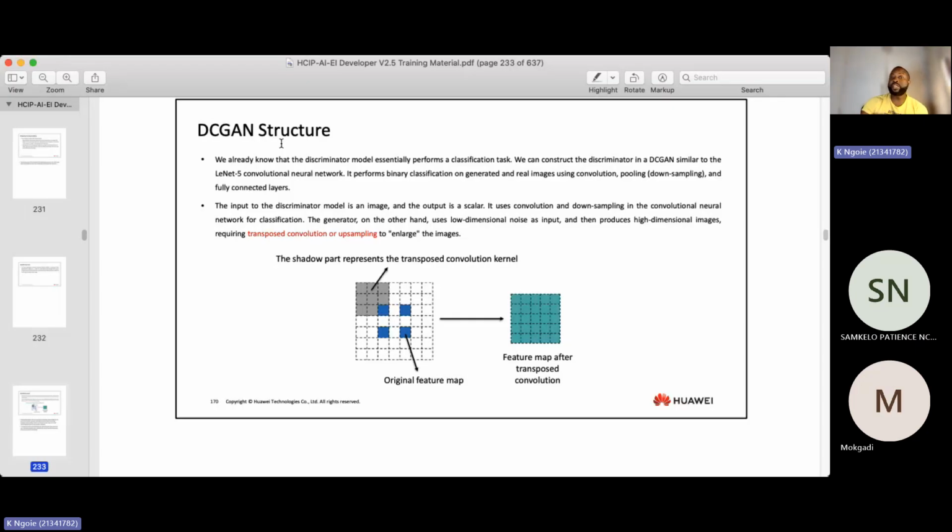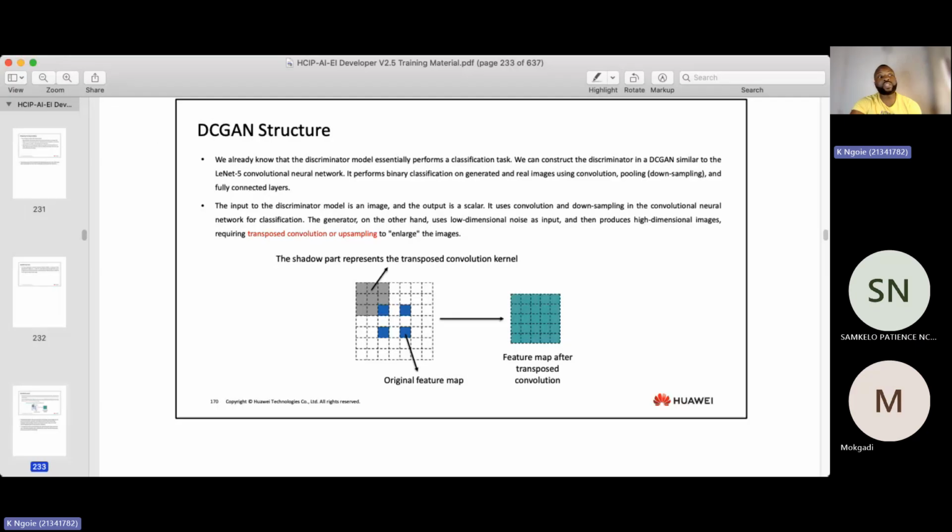The hidden layers will be transpose convolutional, and then the output will be a transpose convolutional layer with another activation function. That's how it's going to be able to generate the images. And in the discriminator as well, we're going to have convolutional layers.